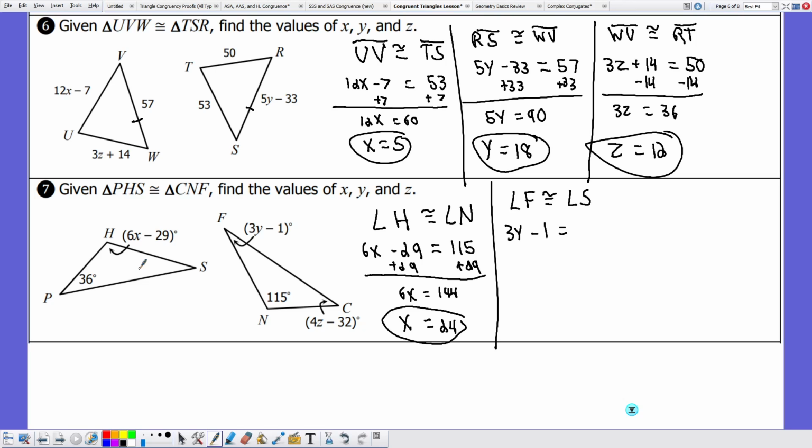Well, we know what x is, so what I could do is find the measure of angle H. That's 6x minus 29. We know that x is 24, so this is 6 times 24 minus 29. Now, 6 times 24 is 144. Minus the 29 gives us 115.